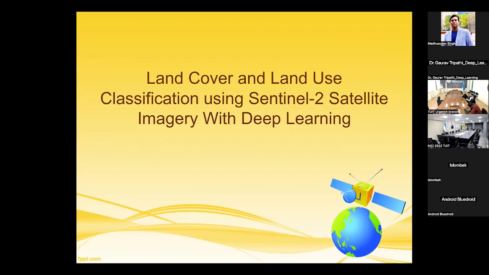Secondly, why is my title Land Cover and Land Use Classification using Sentinel-2 satellite imagery with deep learning?